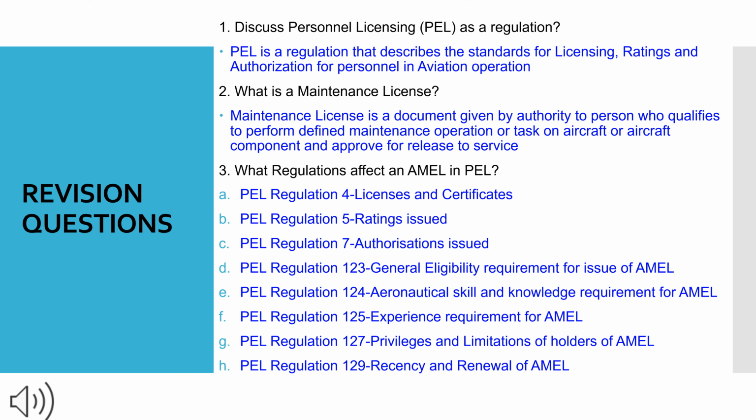Personnel Licensing Regulation number 123 stipulates general eligibility requirements for issue of an aircraft maintenance engineer license. Personnel Licensing Regulation 124 covers aeronautical skills and knowledge requirements for aircraft maintenance engineer license. And Personnel Licensing Regulation 125 covers experience requirements for aircraft maintenance engineer license.